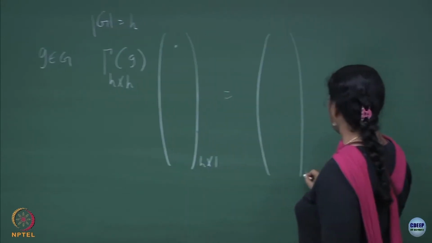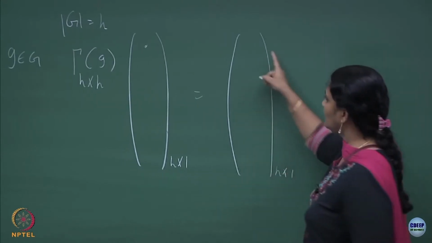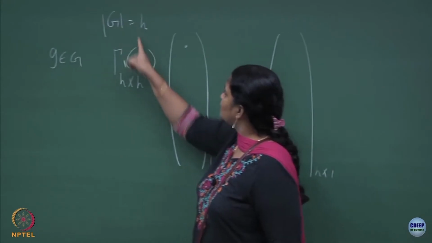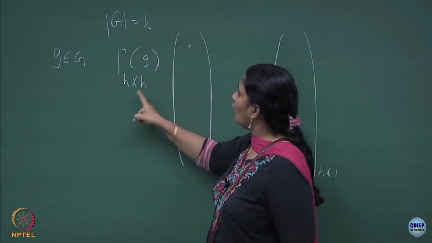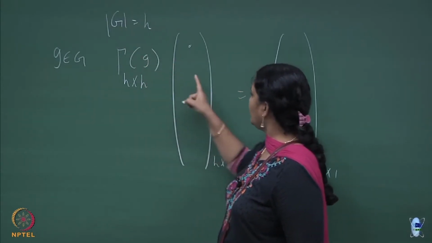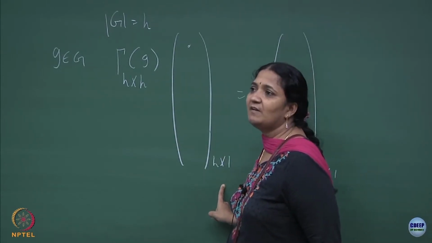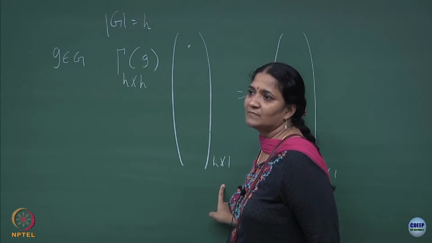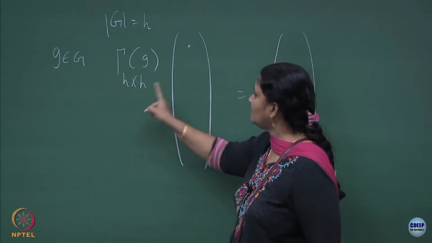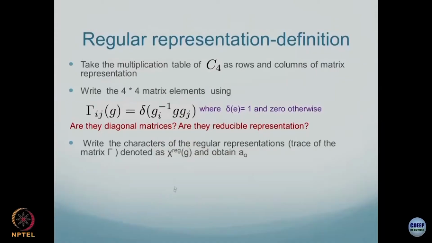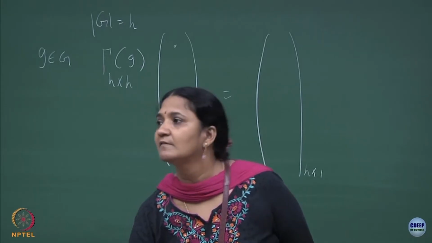So, this will also be H cross 1 and you will see that the matrix whose dimension is exactly the order of the group acts on a vector space which is also going to be an H dimensional vector space. So, these matrices have this additional property. So, how do I find the matrix elements?